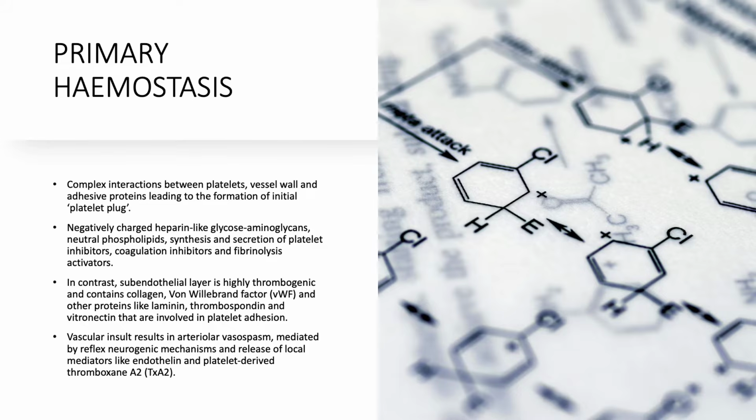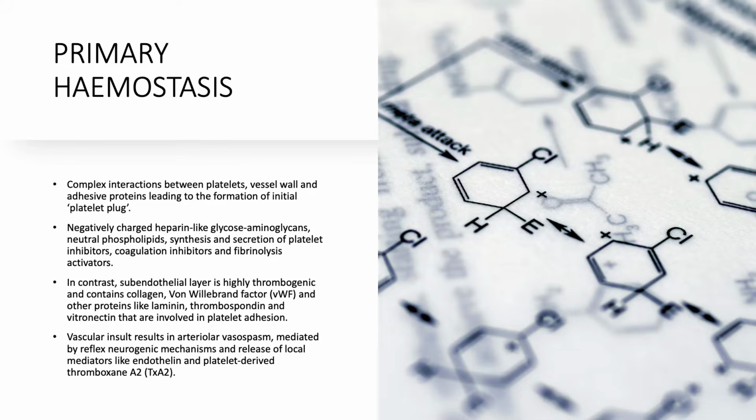In contrast, the subendothelial layer is highly thrombogenic and contains collagen, von Willebrand factor, and other proteins like laminin, thrombospondin, and vitronectin, which are also involved in the platelet adhesion process.